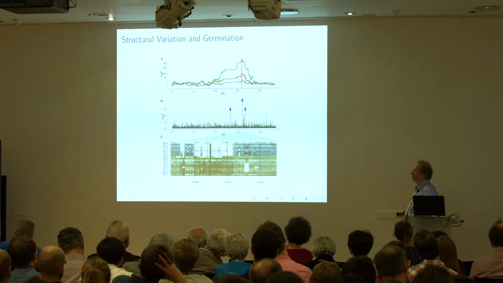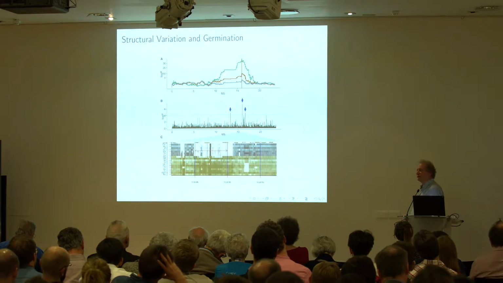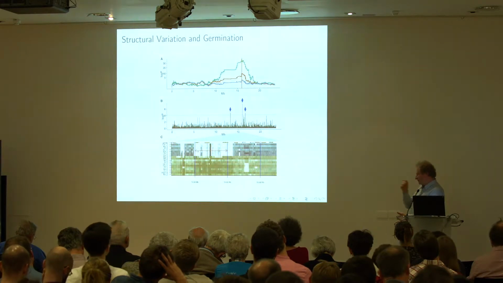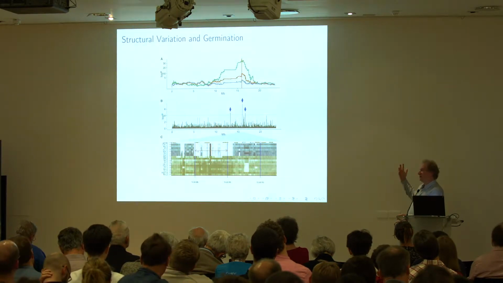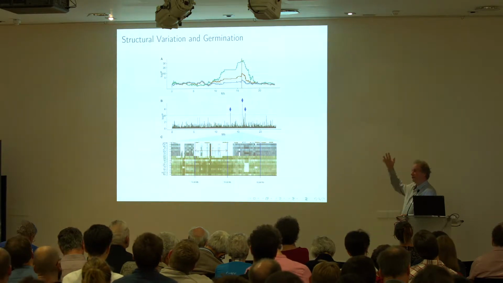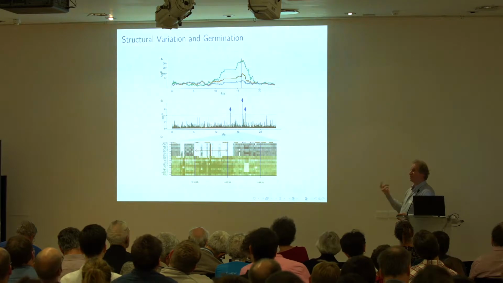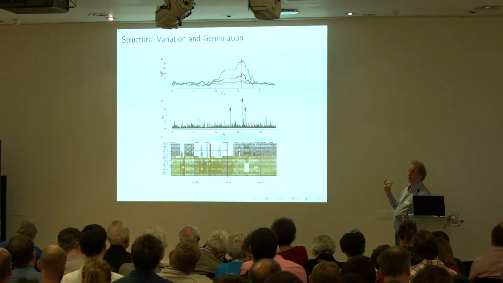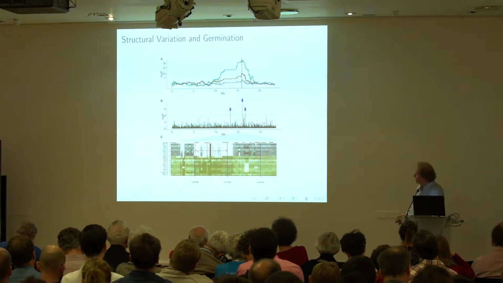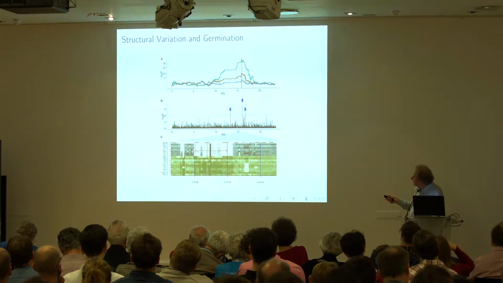You can also forget all about SNPs, and you can just say which of my structural variant traits are most highly correlated with variation in germination time. In other words, you're treating the structural variant trait as like a genotype. If you do that, you get this figure here.